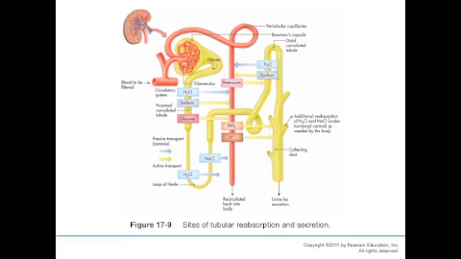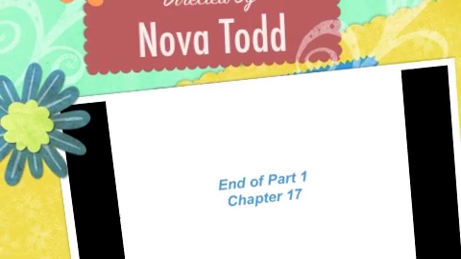So this is an example of the way that the body is able to tweak the fluid to make sure that just the right amount of different electrolytes are kept by the body, and waste products that need to be disposed of are brought into the tubules and are then sent on to be disposed of out of the body.